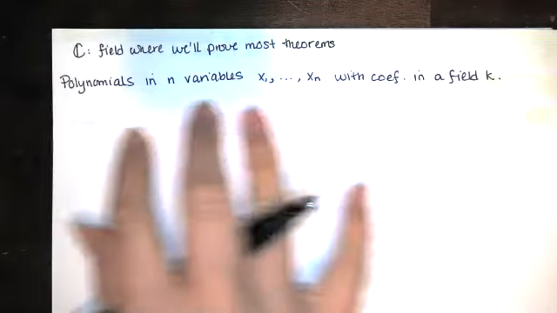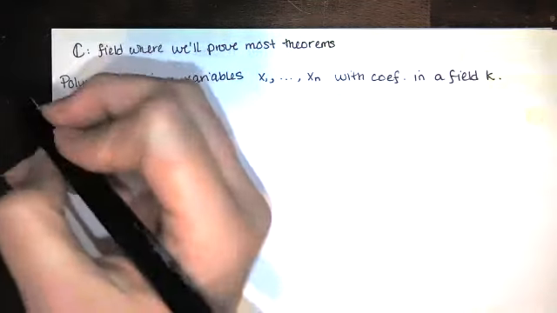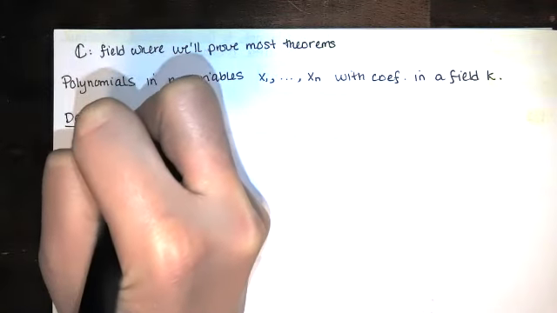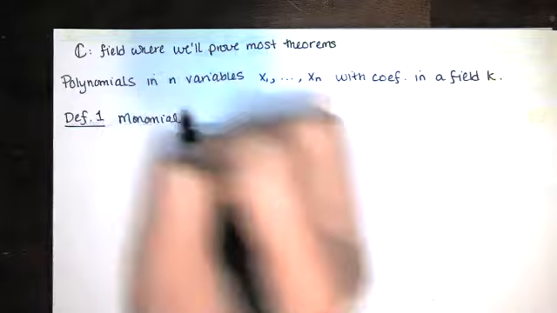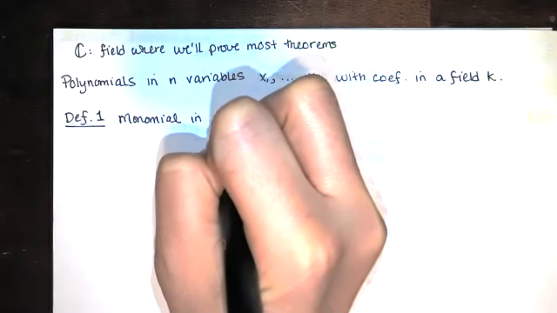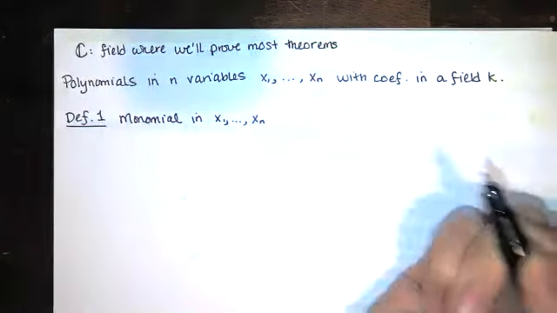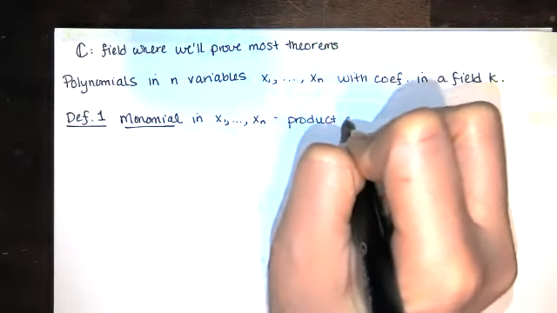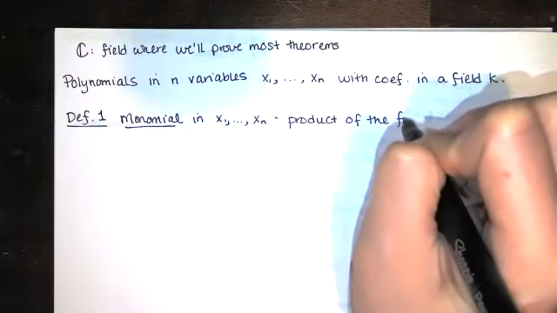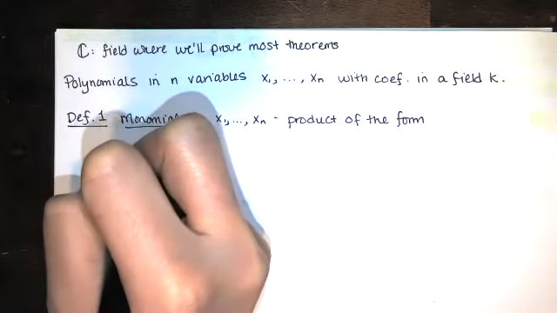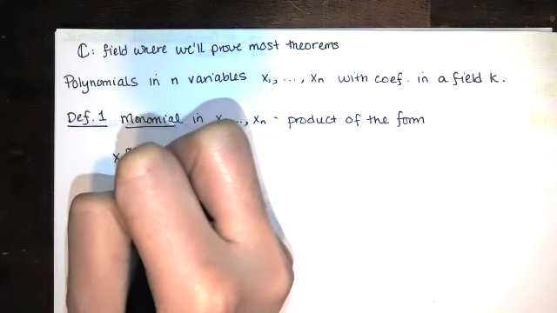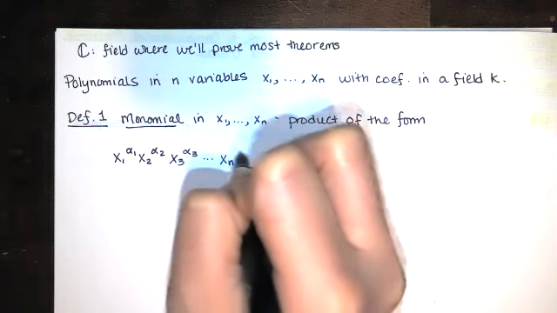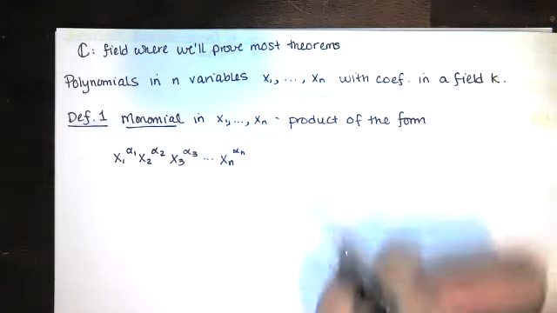Okay, so in order to get there, we're going to define a monomial. A monomial in the variables x sub 1 through x sub n is just a product of the following form: x sub 1 to some power times x sub 2 to some power times x sub 3 to some power, and so on. Eventually you're going to get x sub n raised to some power.